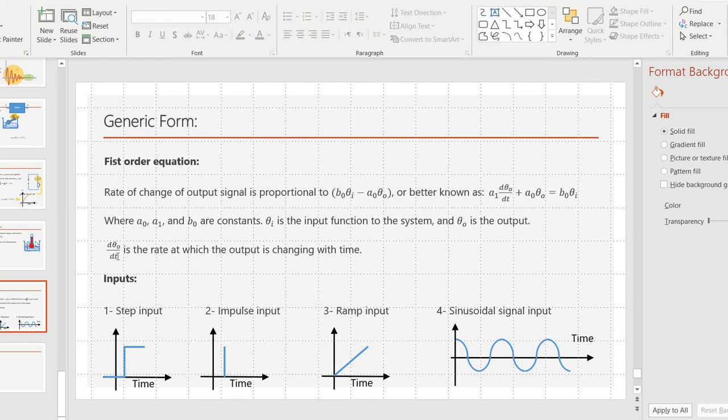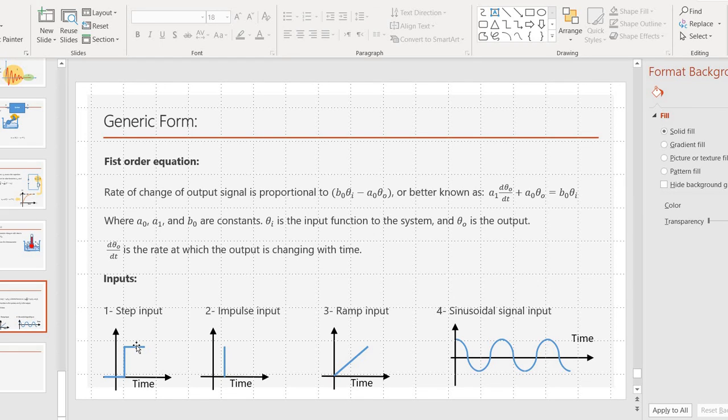Now, here is a good chance to talk about what kinds of inputs we can have. So far, we were talking about step inputs. A step input is when we have nothing, and then at some point, we start to have a constant input.